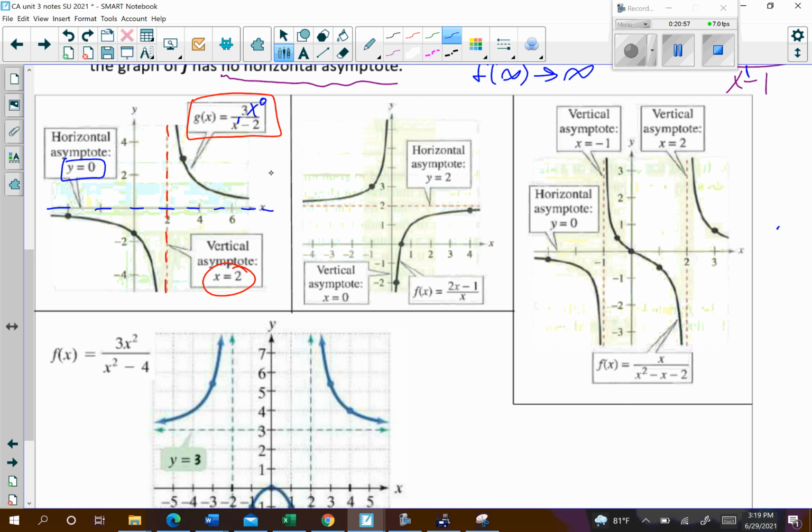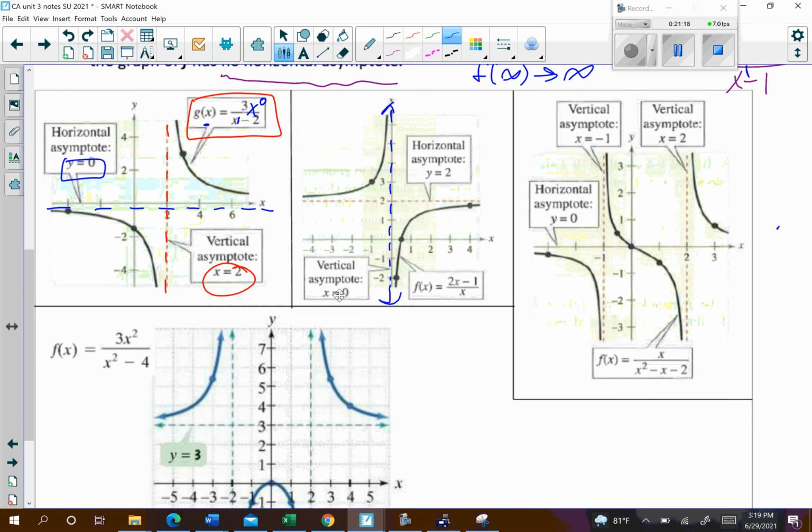That should make sense, because if you plug in infinity, or a super large number for x, it's going to converge to 0. Now let's look at our next example. This time the restricted value is going to be 0, so we have a vertical asymptote at x equals 0.